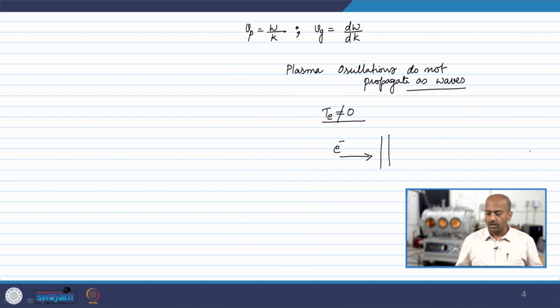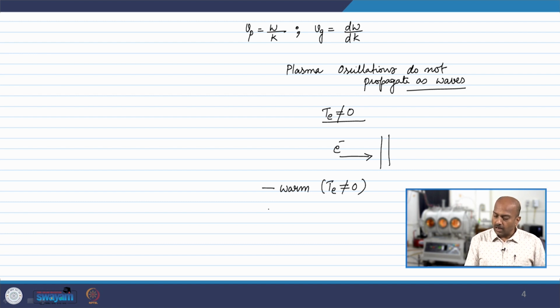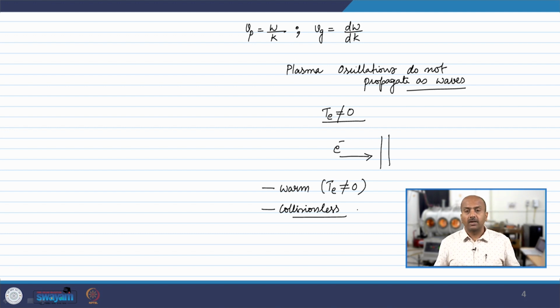So, we will consider a picture in which the plasma is warm, let us say, which means the electron temperature is non-zero, and at the same time the plasma is still collisionless, because collisions can complicate the entire mathematical description in a very different way, but we will take it up at a later point of time.